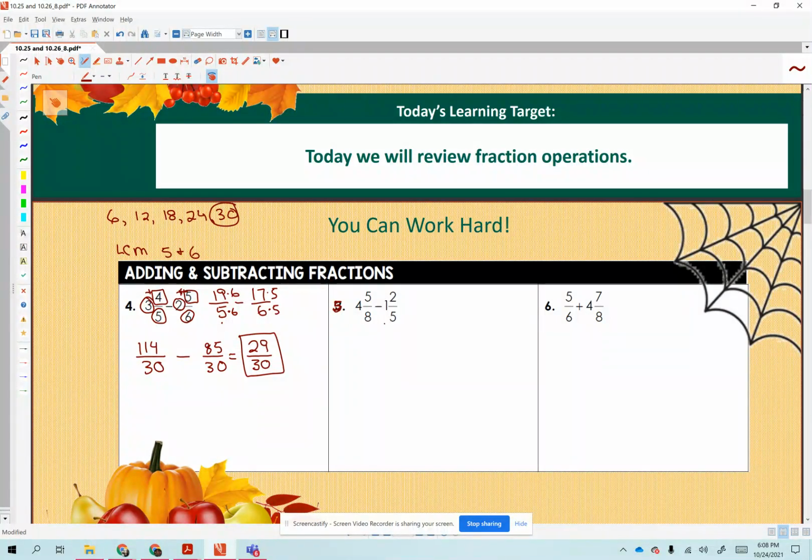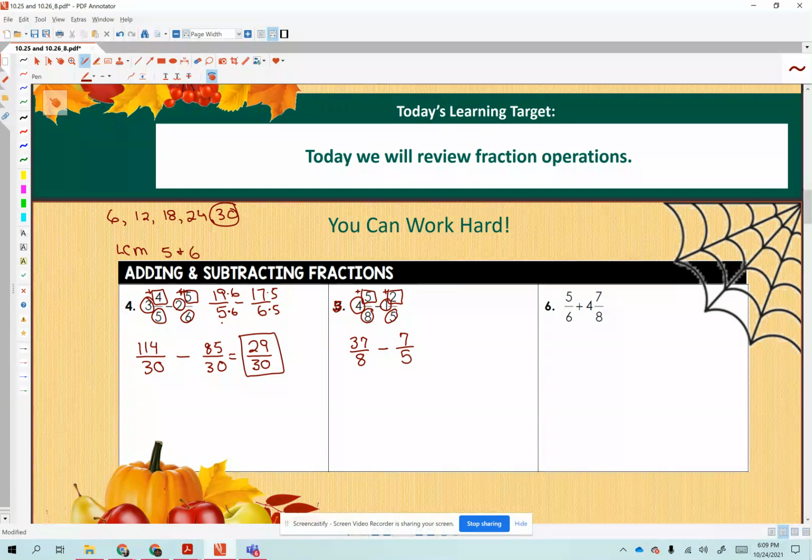So we have 4 and 5/8 minus 1 and 2/5. So improper fractions, that's the first step. 8 times 4 is 32, plus that numerator 5 is 37 over 8, minus 5 times 1 is 5, plus that numerator of 2 is 7/5.